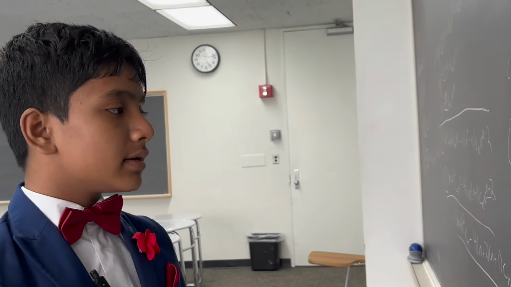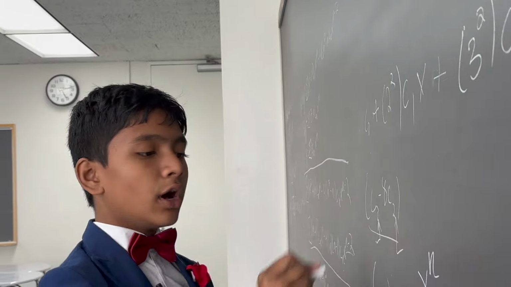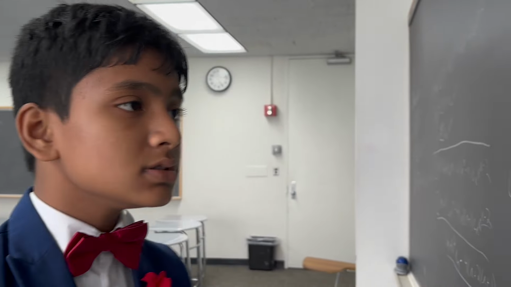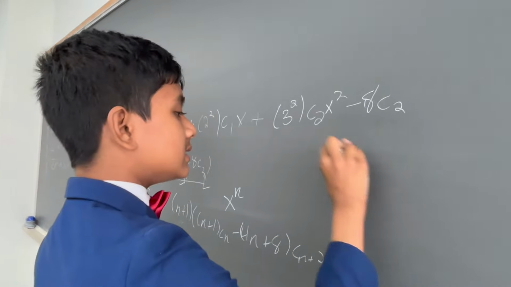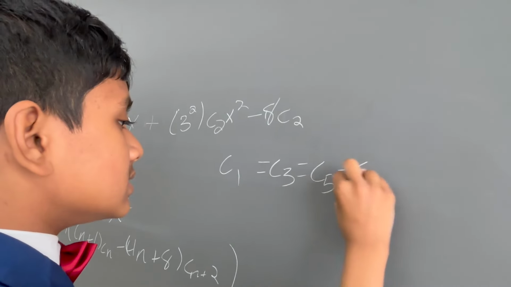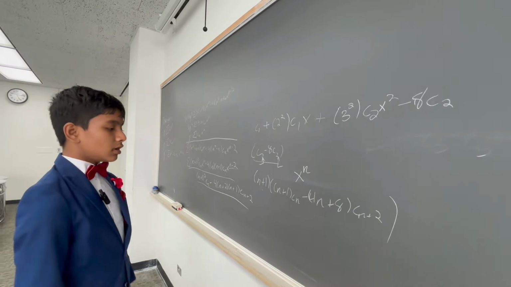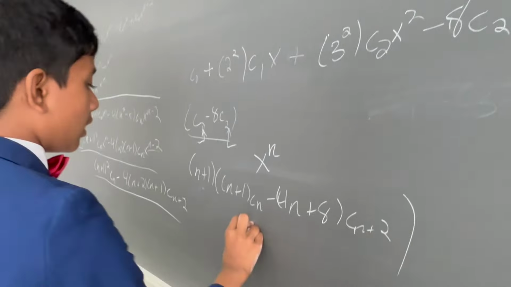Well, you'll notice that every term has either only even or only odd indices. So we can form a relation between c0, c2, c4, c6, c8. And why is this huge? Because that means that c1 is equal to c3 is equal to c5 is equal to c7. Well, no, I'm just kidding. That's not true. So what actually happens when we plug in?